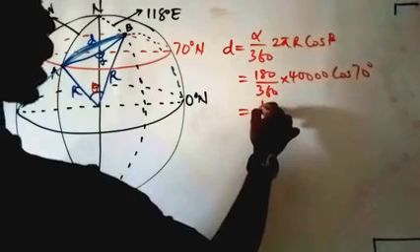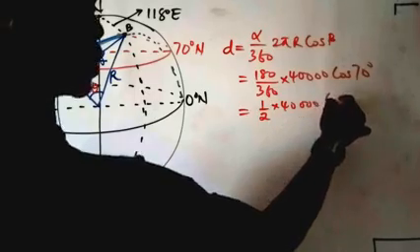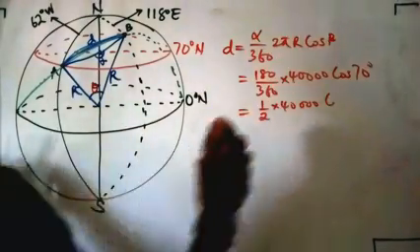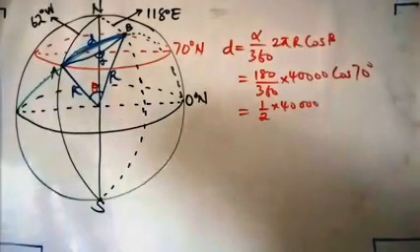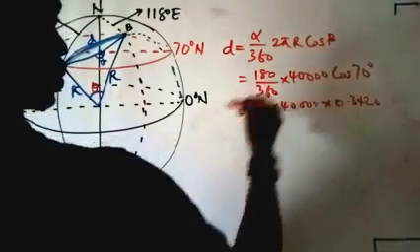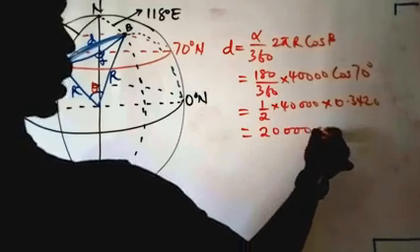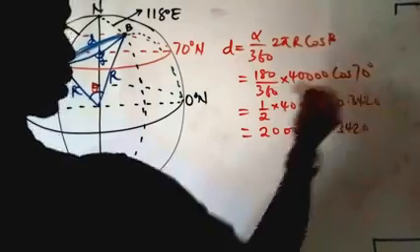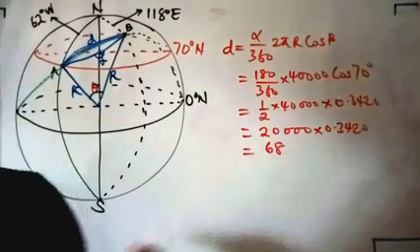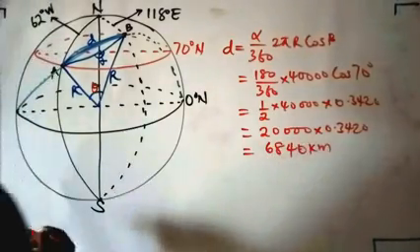That will give us half of 40,000 cos given latitude, which is 0.3420. This will cut this and give us 20,000 times 0.3420, and the distance there will be 6840 kilometers.